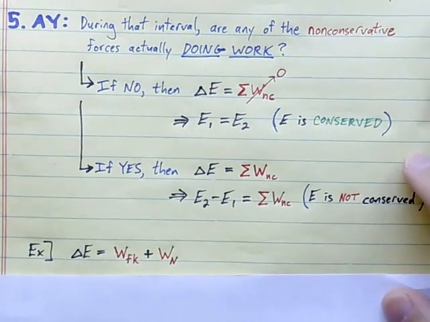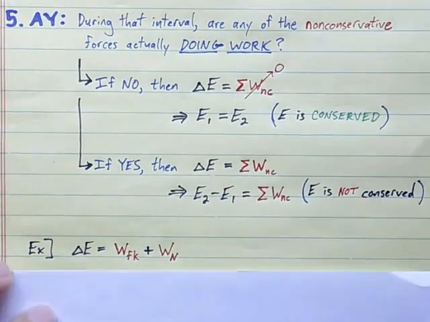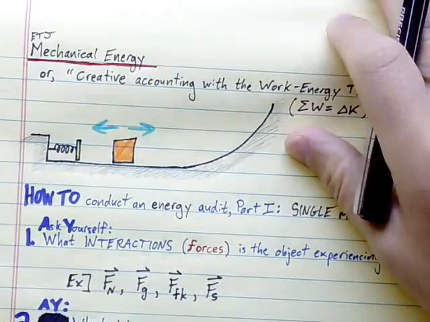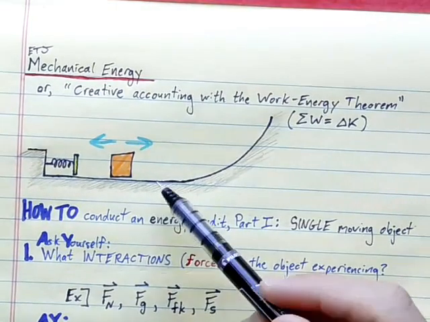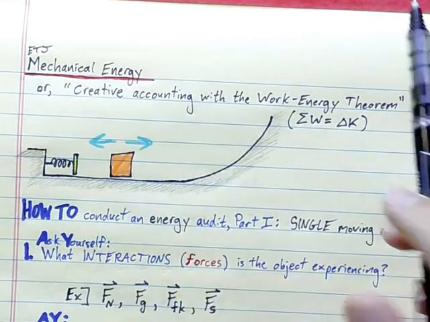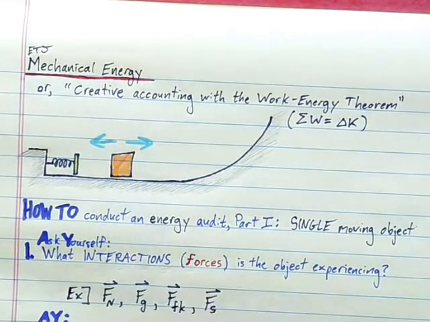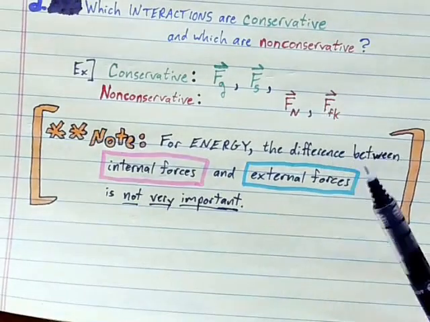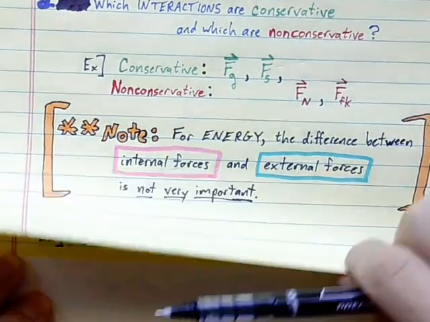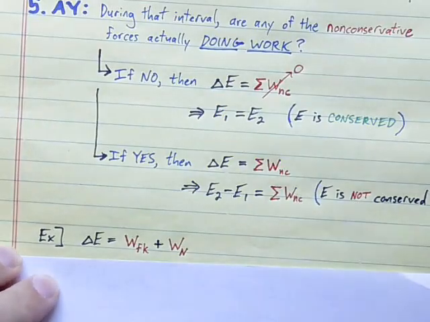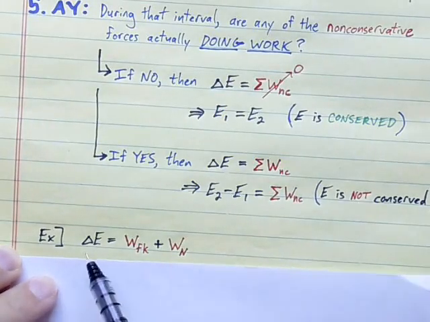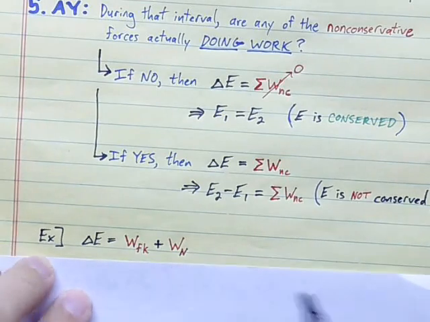So for our example, we've got potentially work done by that force of kinetic friction and work done by our normal force. Those are our two non-conservative forces on that block. So we would write our conservation of energy equation like this. The change in mechanical energy equals the sum of those two works.